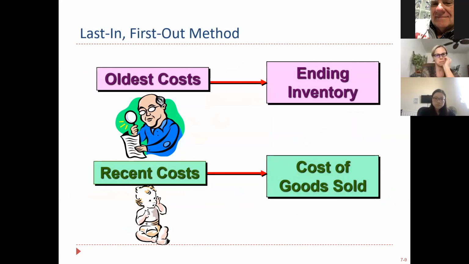LIFO, the oldest. Mesa Produce up on the Cliff Drive near where I live, they maybe are using LIFO, which they're allowed to do, which means that theoretically they never sold the first banana they put out there in 1940. We know that's ridiculous, but that's the point. It has nothing to do with the physical flow.